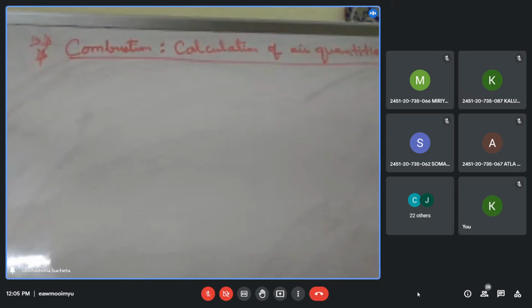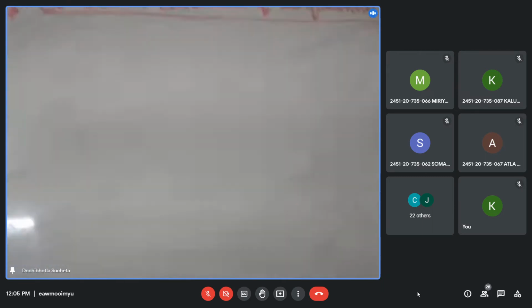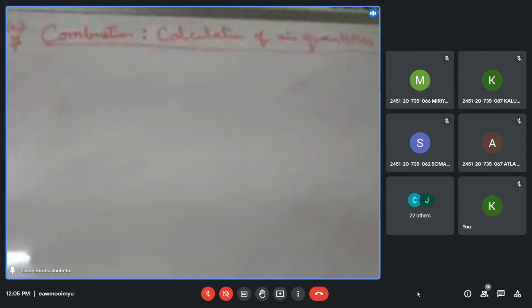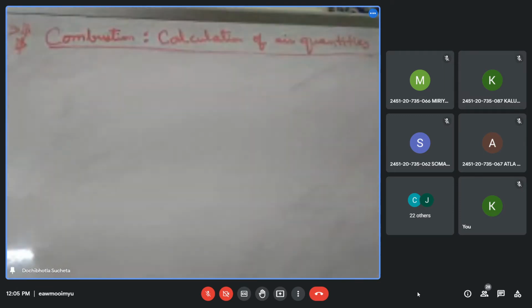Next, will air contain only oxygen or other gases as well? The composition of air is only oxygen, or are any other gases present? Other gases are also present.